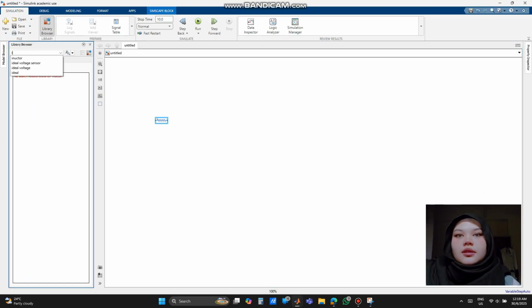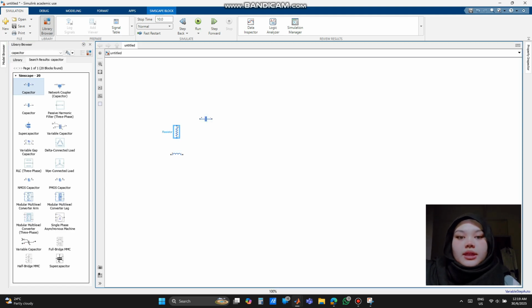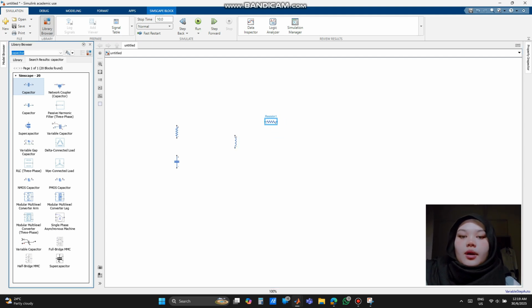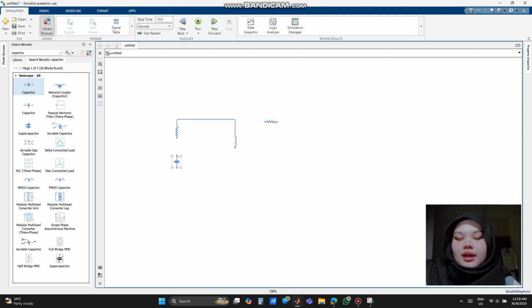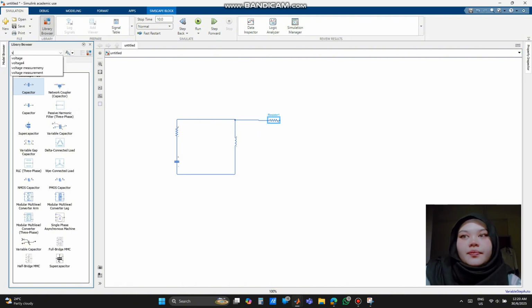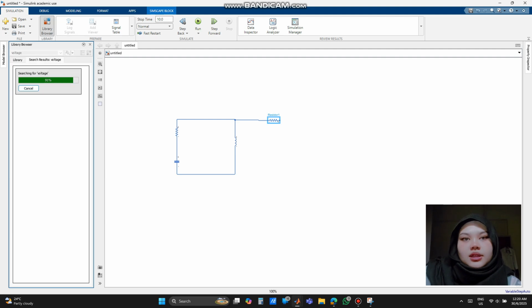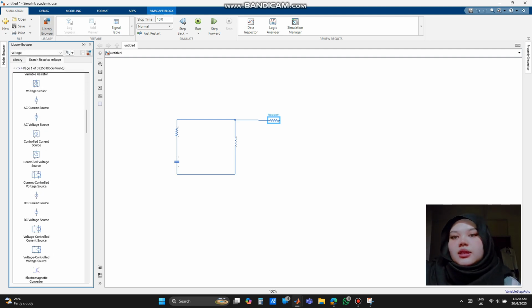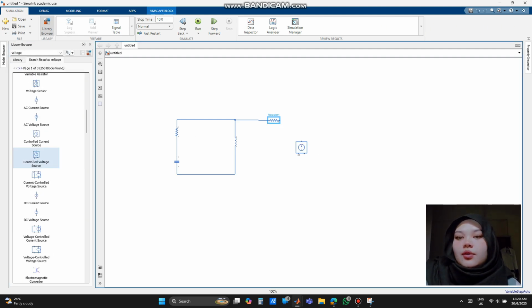Okay, first, the circuit that we're going to simulate is an overdamped circuit. We're going to see the waveform of the overdamped response, with the values from the simulation and manual calculation. As you can see, this is the original circuit from the question, but the original does not use a controlled voltage source.